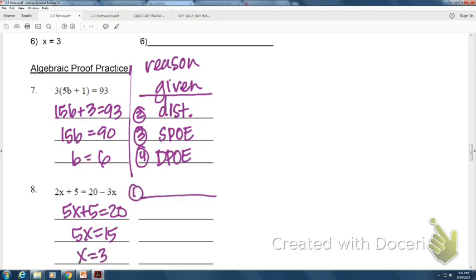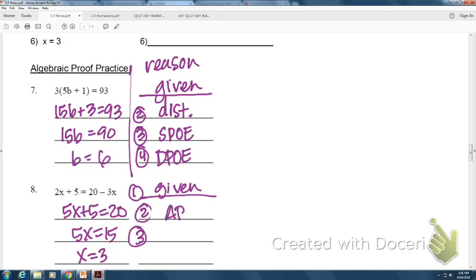Okay, number 8. First one. Second one. Third one. Did we mess up? No. Okay. APO's first, because I added 3x to both sides.